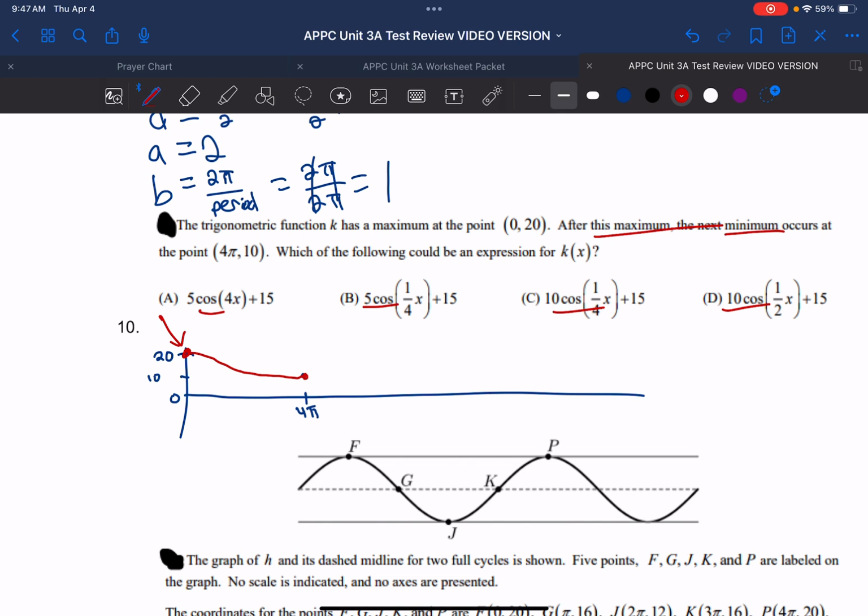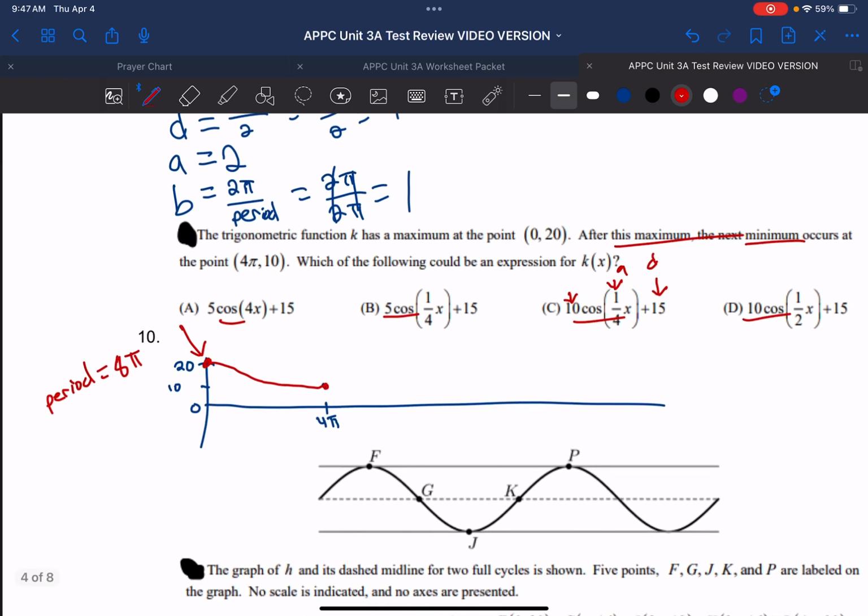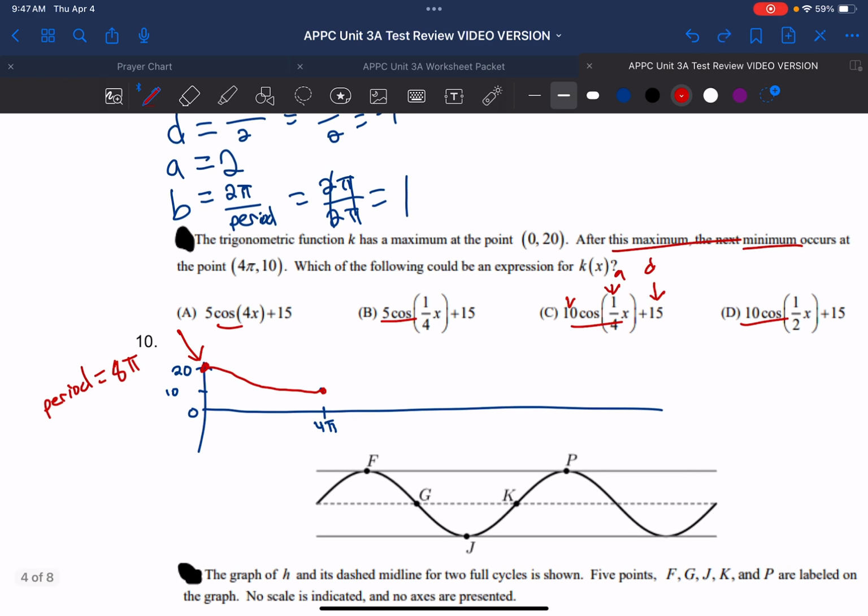This is half my period, like from 0 to 4 pi is half my period. So my period is 8 pi. So in this case, I need to, remember this is my D value, this is my A value, and this is my, wait, I have that completely backwards.